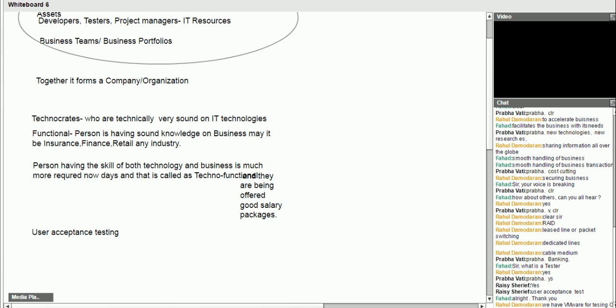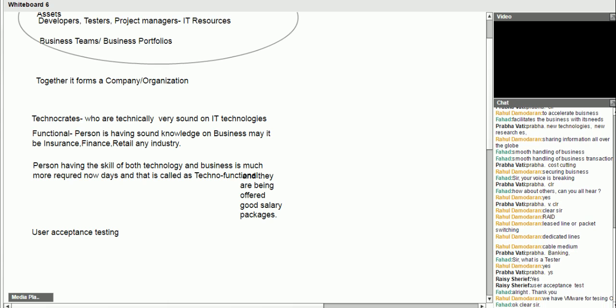If there is a problem with the system and it is throwing an error message, then that technical error is forwarded to the technical team, and the technical team looks into the system they have designed, and they will debug or troubleshoot the system and find out for what reason that error is coming. So to identify the flaws or errors occurring in the system, you need to test the system first. That is the role of the testing team, or IT testing team, you can say. Okay, clear to all?